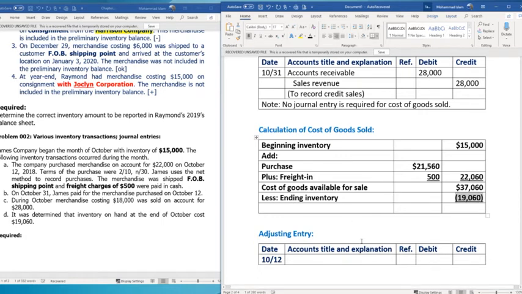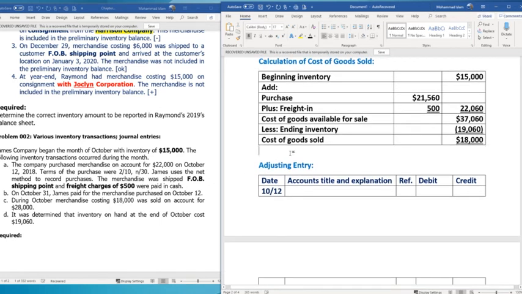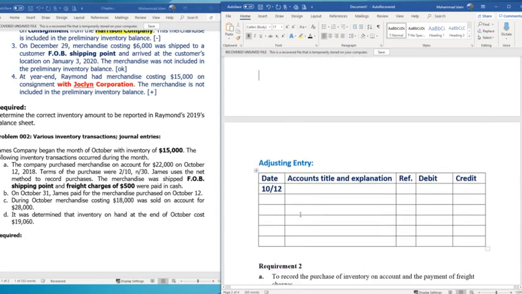And finally, cost of goods sold is equal to 18,000. Double line, so we are closing this one.